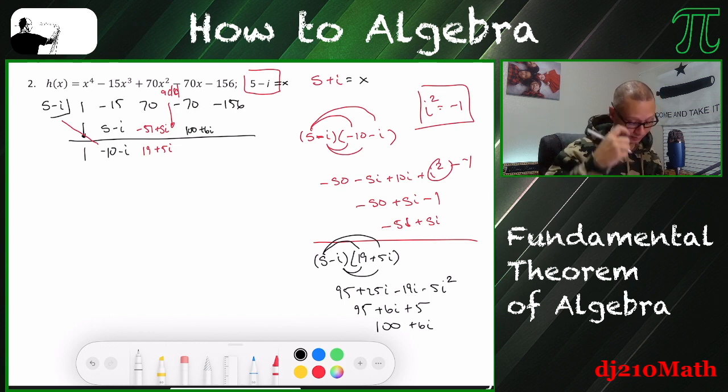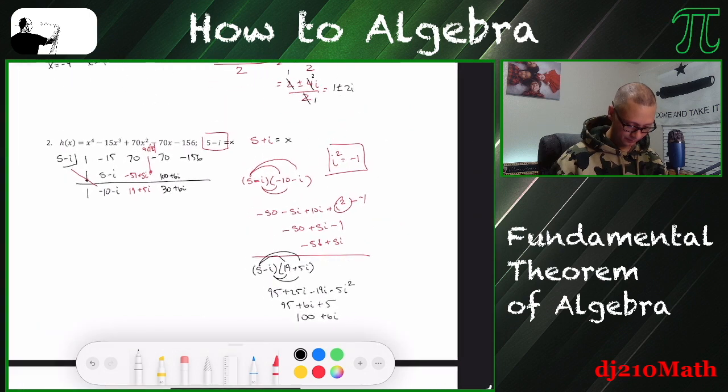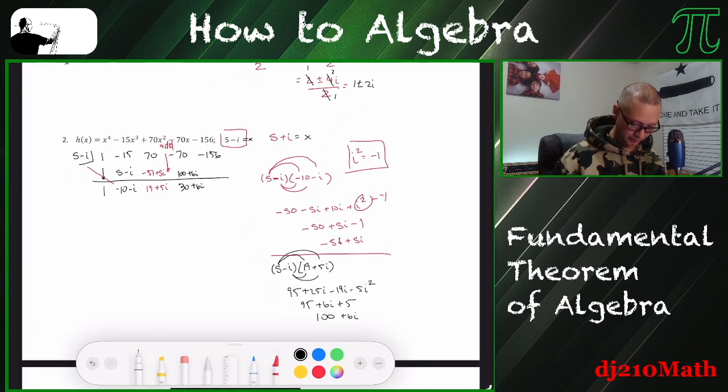When you add, we're going to get 30 plus 6i. Okay, this last iteration, we know that this needs to be 156, but we have to verify. So this is going to be 5 minus i, 30 plus 6i.